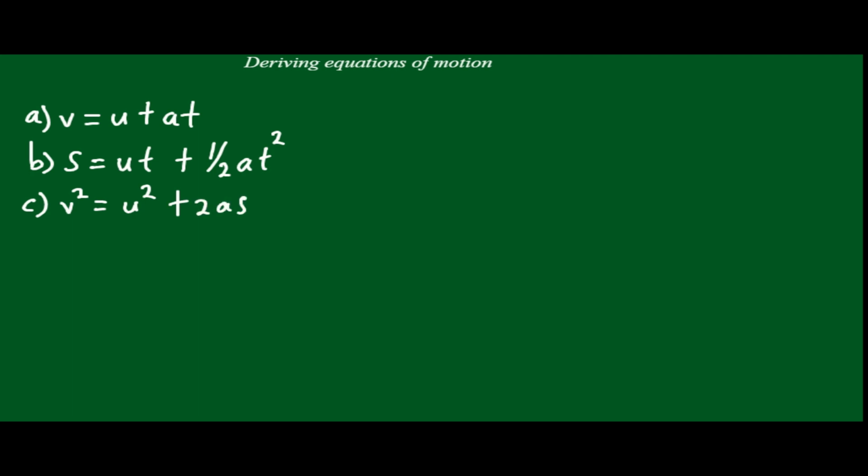So these are the three equations of motion studied under kinematics, which is a branch of physics that studies motion without analyzing force as a cause of motion. It's different from dynamics, which analyzes force.